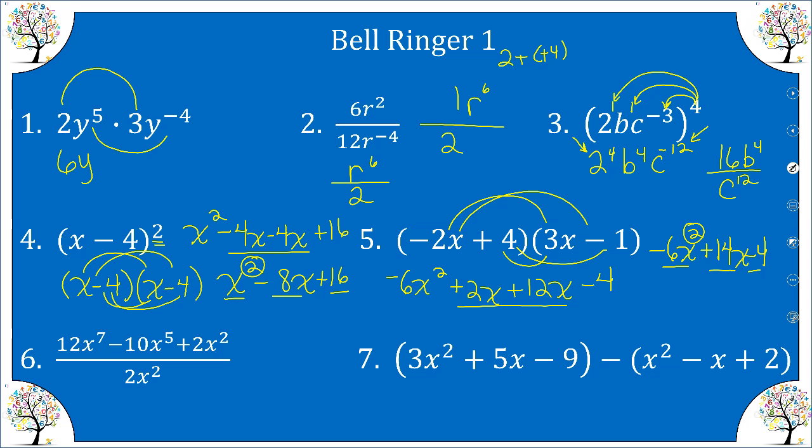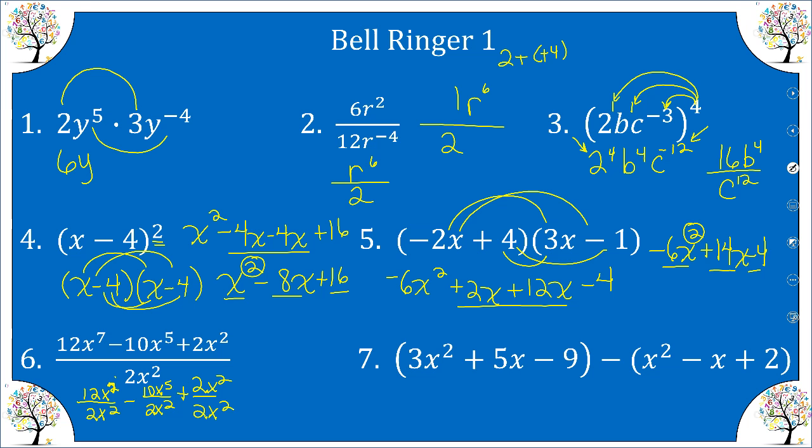Number 6, we have a trinomial divided by a monomial, so we're going to end up with a trinomial. You can look at this as 12x squared, or I should say, this should be a 7, divided by 2x squared, minus 10x to the 5th divided by 2x squared, plus 2x squared divided by 2x squared.